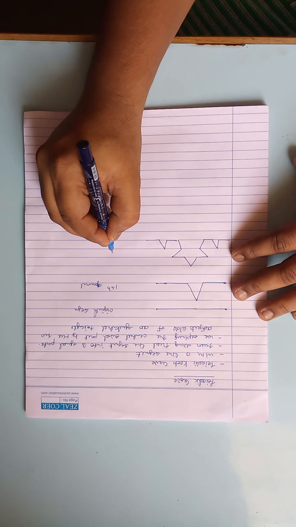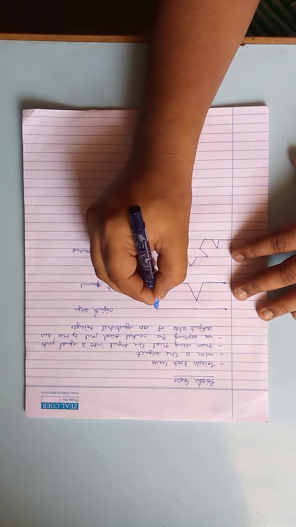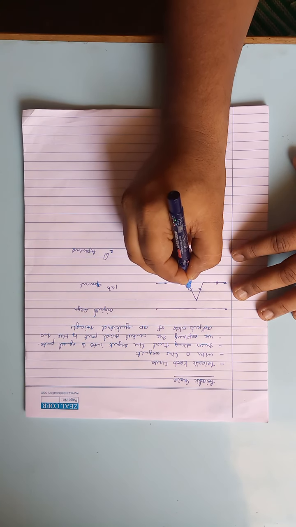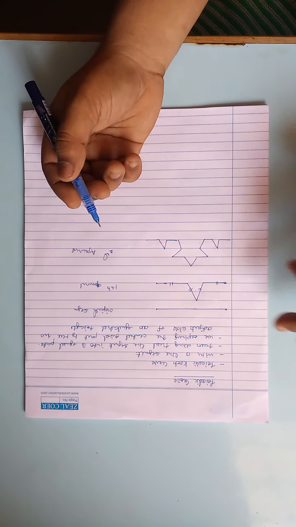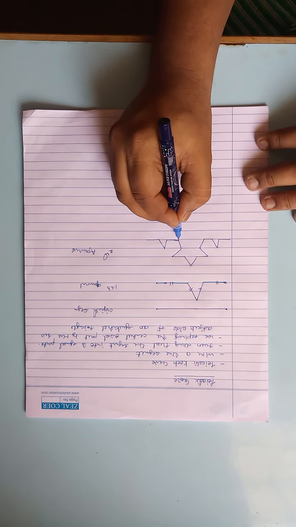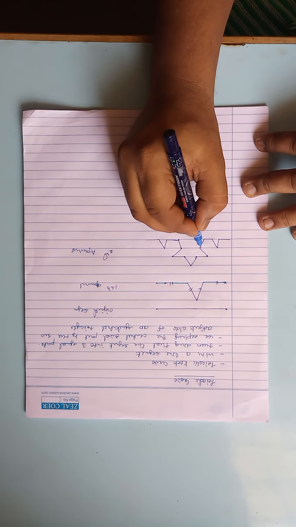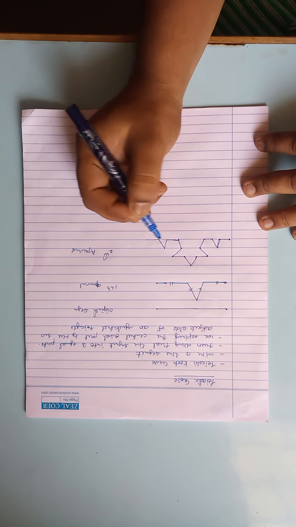This is your second approximation. Here this line is divided into three different parts, and we consider these points as the vertices of this curve.